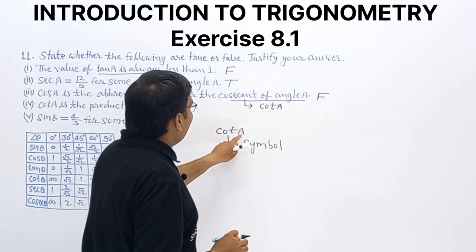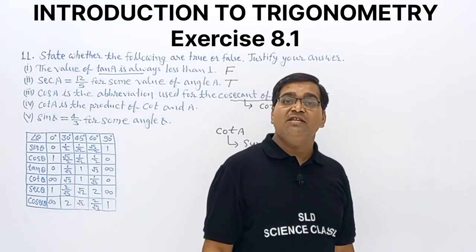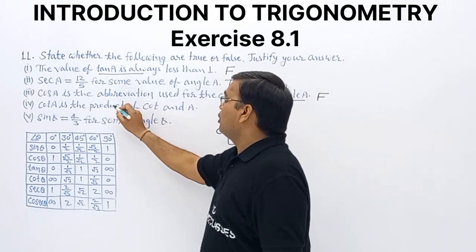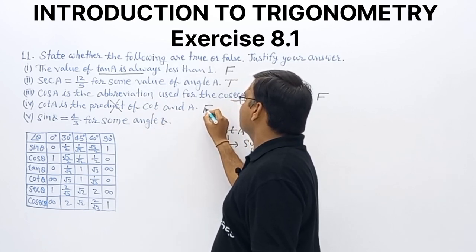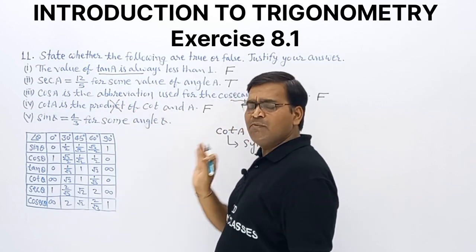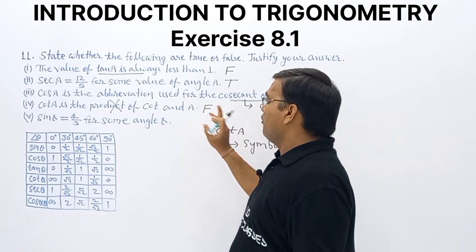Cot and A are not in a product form. It is a symbol. Clear? So cot A is not the product of both, it is a symbol. So it is a false statement.